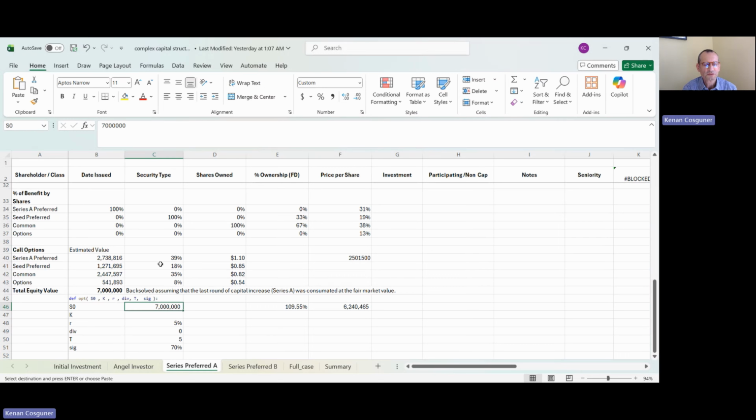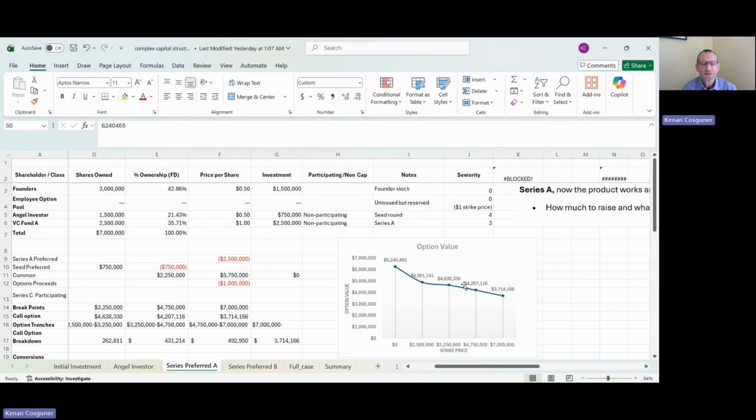In order to find the real equity value, we need to backsolve this number to come up with 2.5 million value for Series A preferred shares. We arrive at 6.2 million for total equity value.